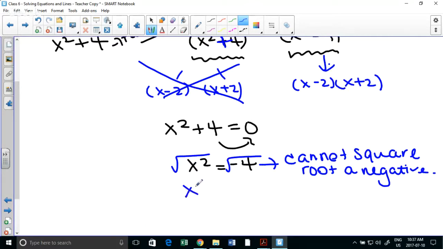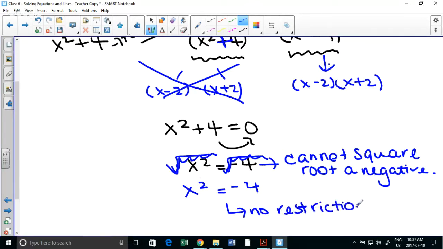So when you get to this point, you can't do this. What this means is, because you cannot square root a negative, there's no restriction coming from this. And you're done. So be careful when you get terms like this. For instance, even x to the 4 plus 16 would not factor, because as soon as you have the plus here, you're roadblocked. So that's just a quick clarification on that front.